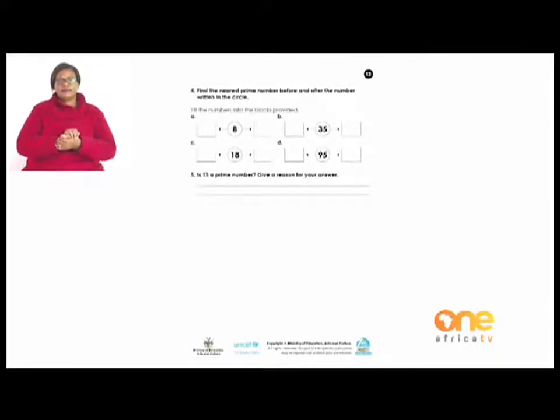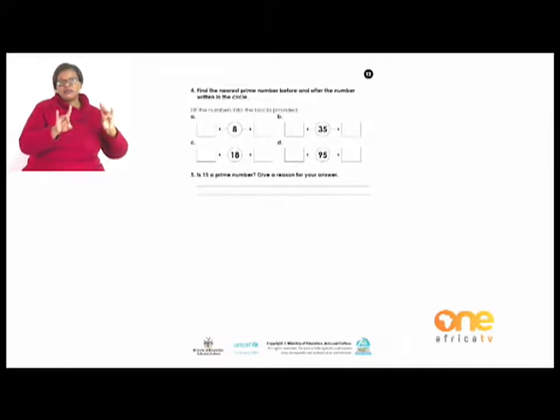So on your left-hand side should be the smaller number, and on your right-hand side should be the bigger number, in other words, the prime number, the nearest prime number next to 8. Let me just help you a little bit there at A. The nearest prime number before 8 will be 7.